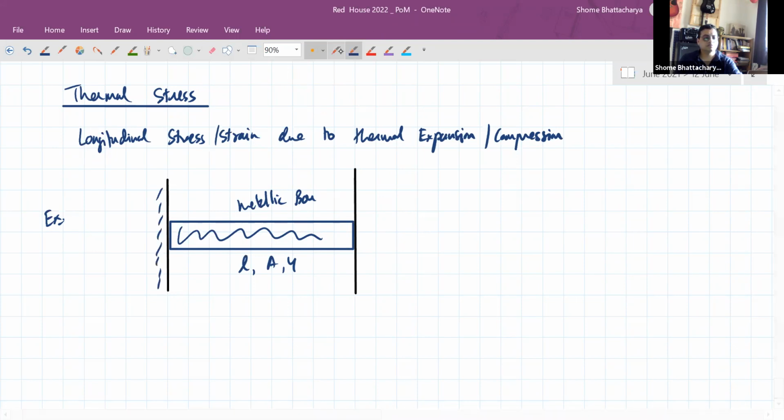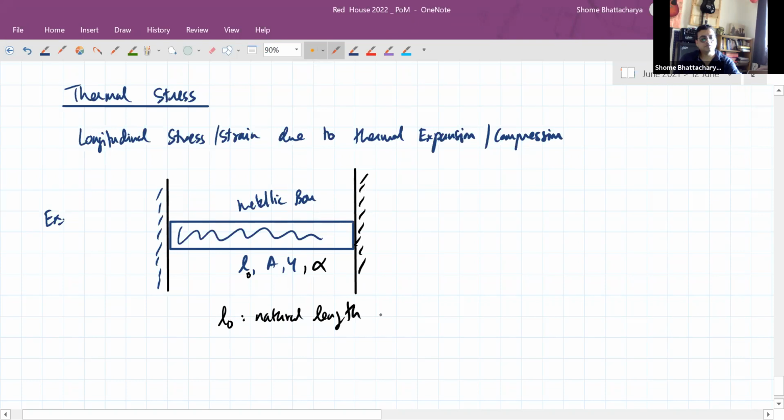Let's say this metallic rod also has a linear coefficient of expansion alpha, and L naught is the natural length at temperature theta naught, and L naught is also the distance between the two rigid walls.